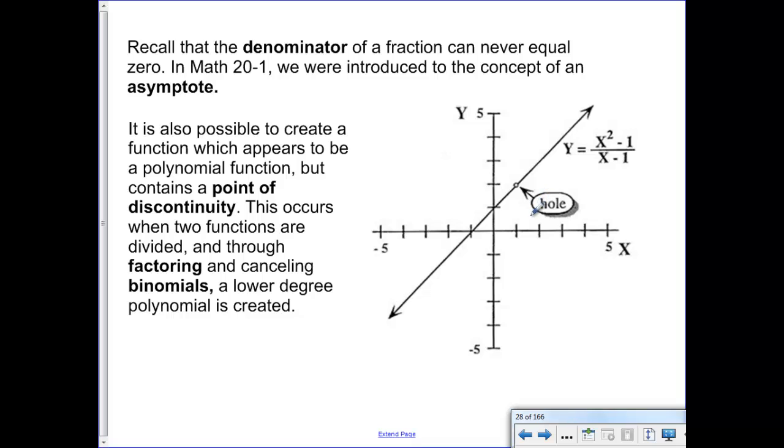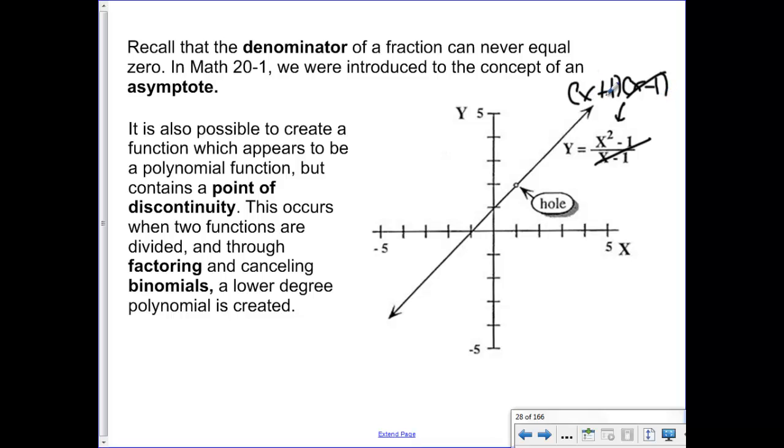Here's a picture of what I just showed you. If I gave you the graph x squared minus 1 over x minus 1, do you remember how to factor x squared minus 1? Difference of squares. Yeah. So this would become x plus 1 times x minus 1 over x minus 1. Do you see how something could actually divide?